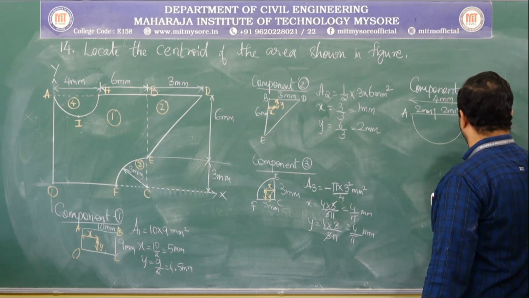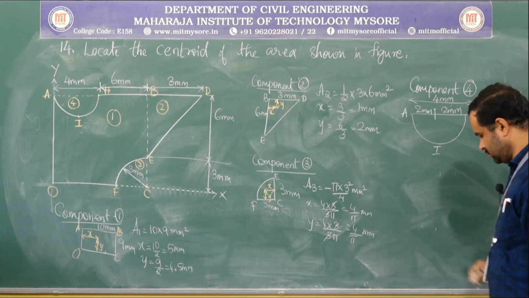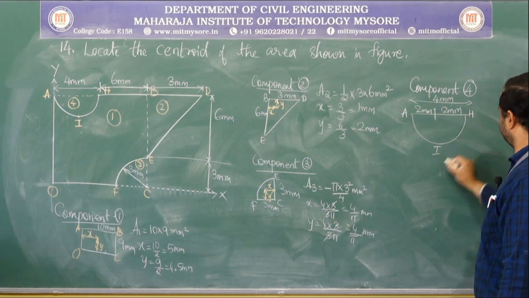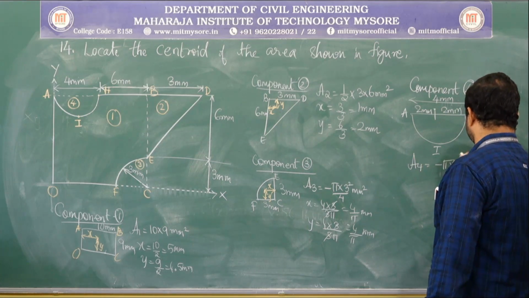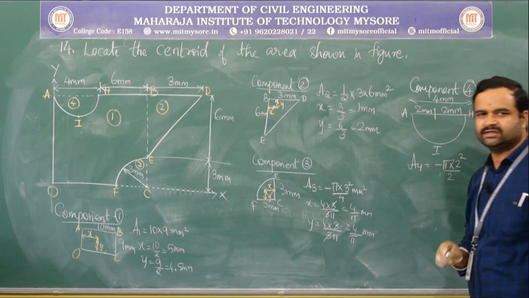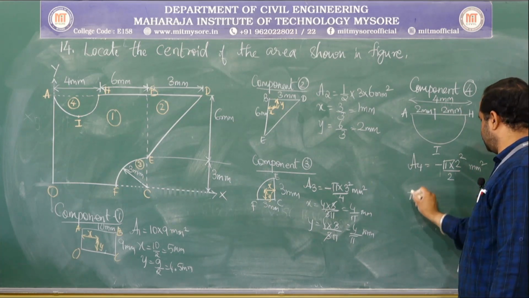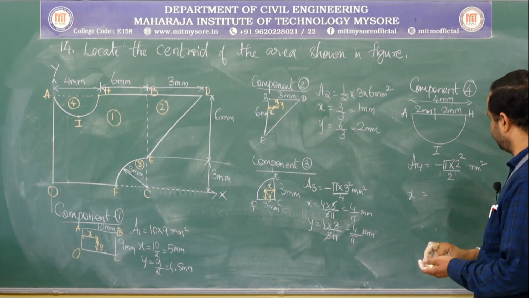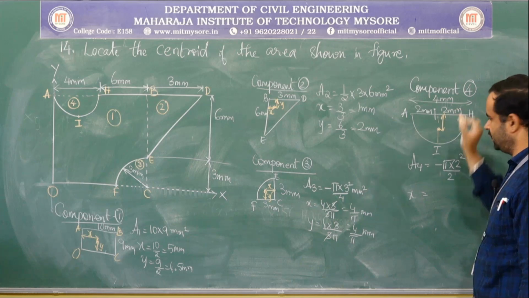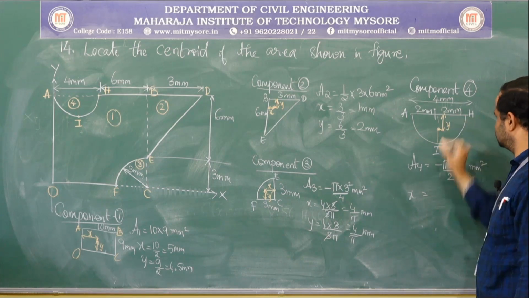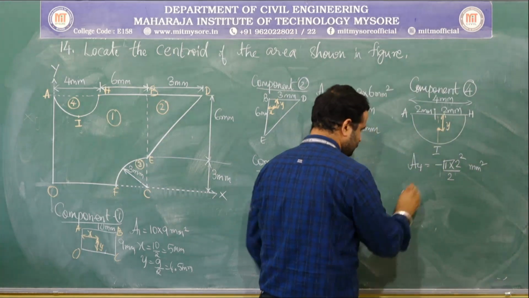A, H, I. So, the area of this A4 is equal to minus pi into 2 square by 2, pi r square by 2 mm square, and its x and y components can be located here. Y component, which you know, which is 4r by 3 pi. You cannot write x.